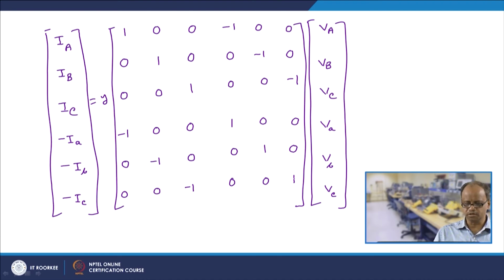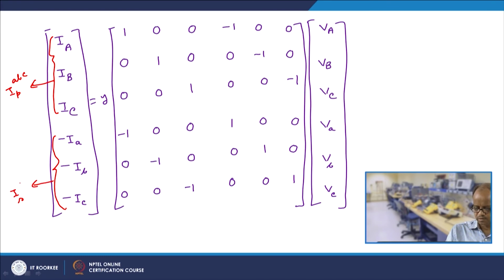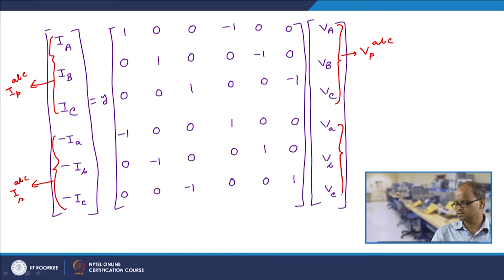So this is the representation. Now we have to locate everything. This is IPABC, this is ISABC, this is VPABC, and this is VSABC.